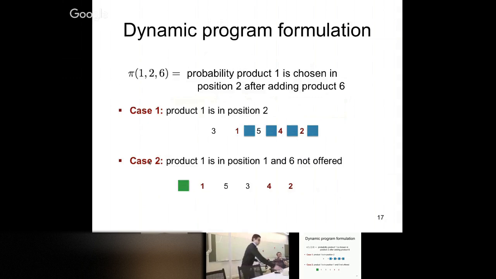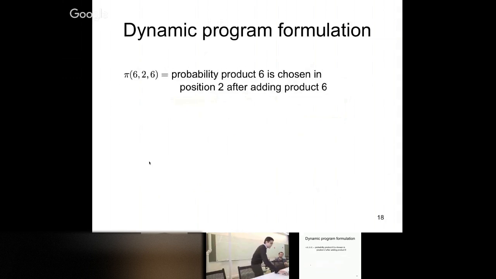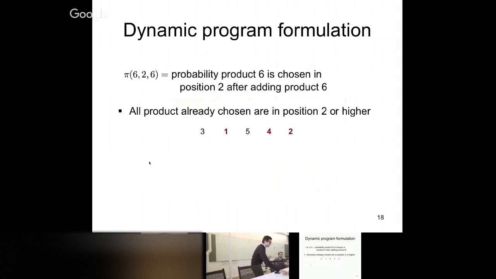And I know the probability of these blue dots, and I know the probability of this green square, so I can just combine. Now, product 6 is a new product which I didn't have from before. So, what is the probability of choosing product 6 at position 2 in the random list from 1 to 6?